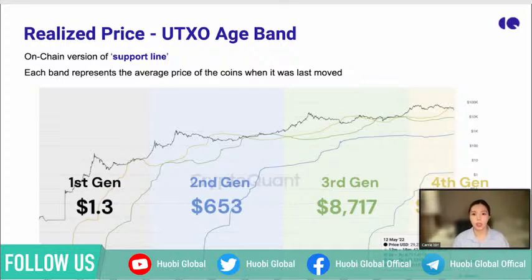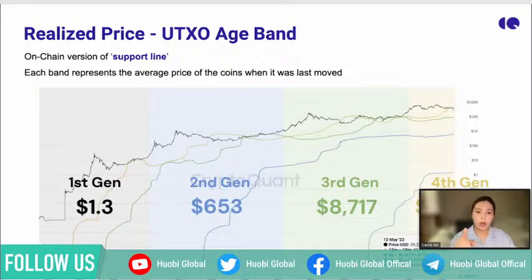This chart was actually uploaded by our CEO, Kyung, on his Twitter. And this is like the on-chain version of a support line. For trading, like technical analysis, people use support lines, right? So you can get a meaningful support line from this chart.